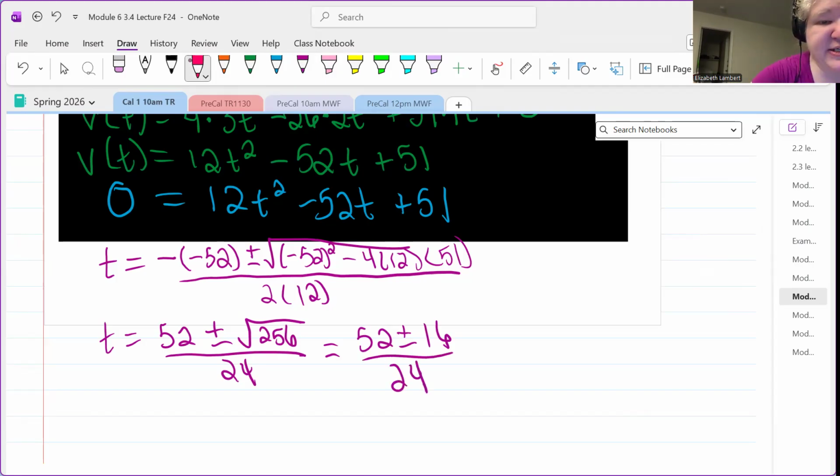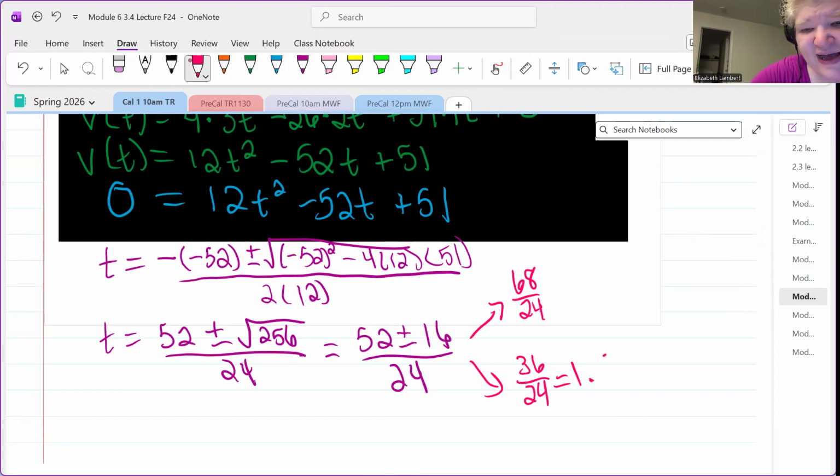So I'm going to split that 2 ways. The 52 plus 16 is 68 over 24, which is not a pretty number. And then 52 minus 16 is 36. So 36 divided by 24 is at least decently nice.